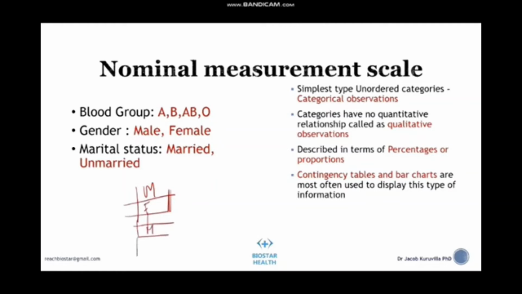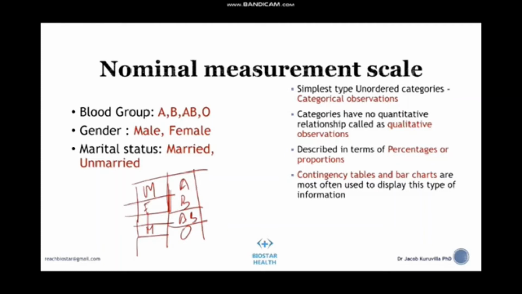So there could be either A, B, AB or O. There is no quantitative relationship between the categories, and the categories are mutually exclusive also. Hence, it is called the lowest measurement scale.